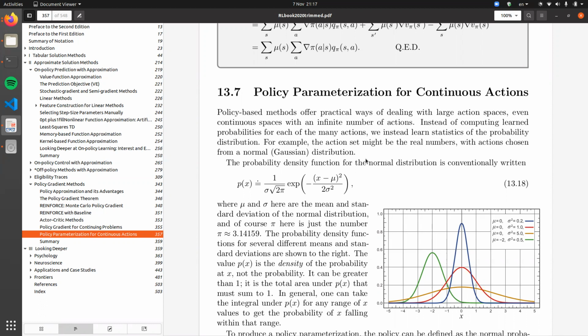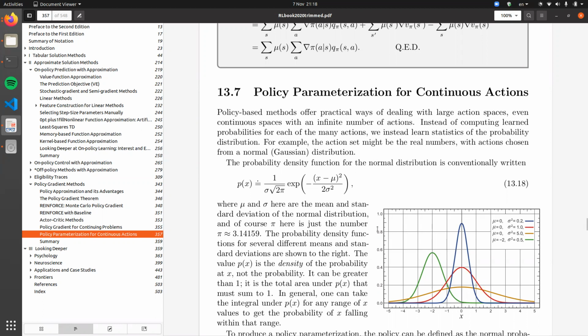What our function outputs is some parameterization for the policy, and before we discussed that the function will output some logits that we will then feed to softmax and get the probabilities of the actions. But we can also apply a different parameterization and use that with continuous actions rather than discrete actions.